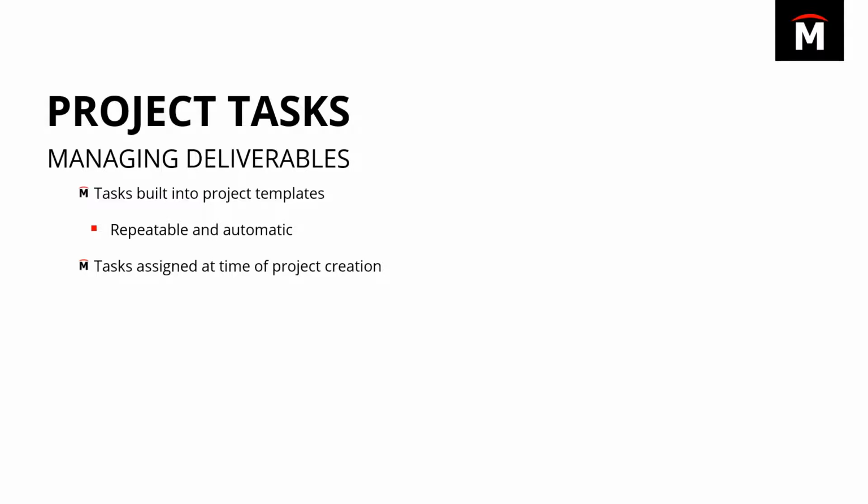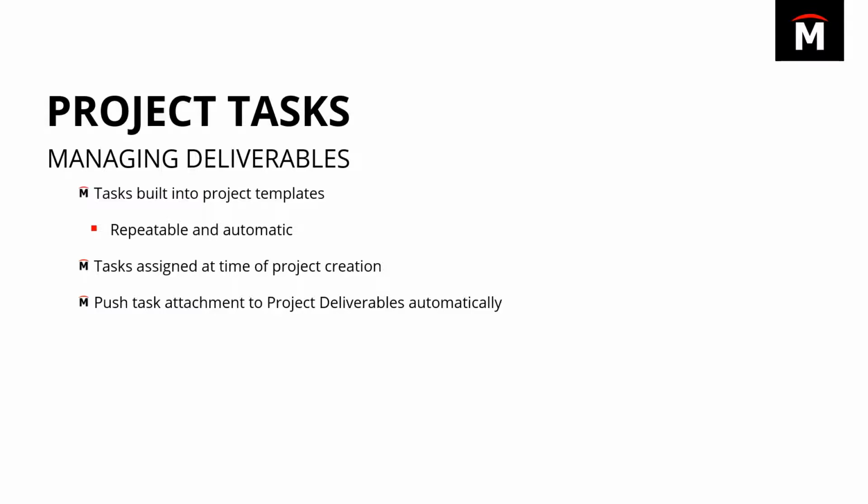So the automatic assignment at creation, linking to actual fields that are looking at users, makes it easy as a project manager to make sure that you're assigning the appropriate resource to a given task. The ability to attach your models to these tasks, and also when they're completed to automatically update your project as a deliverable, really solidifies what work you've done and what contribution you've made to the project.